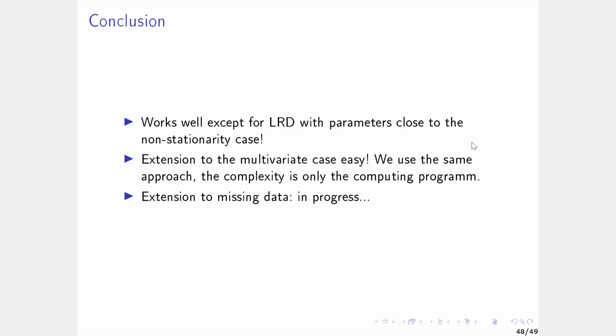Also, the multivariate case is very easy. It will be again a new step of expansion, but I think the code will be more heavy. And there is an extension to missing data that is in progress. And did you think about random fields? This is with Federico. I didn't talk about it.